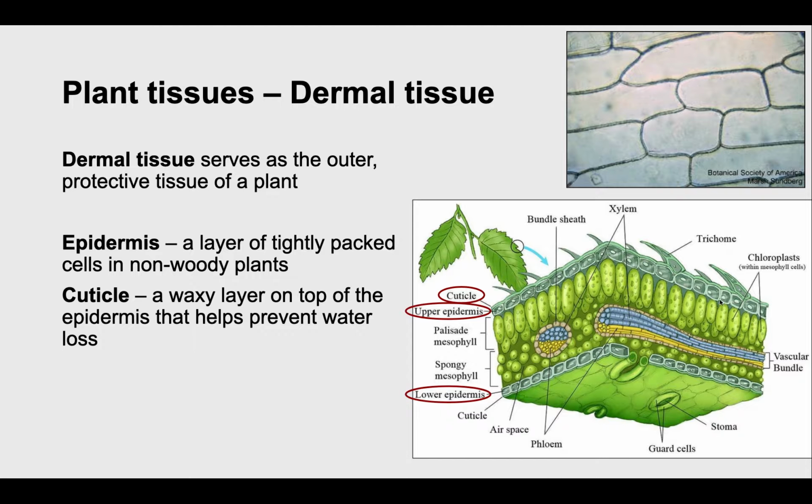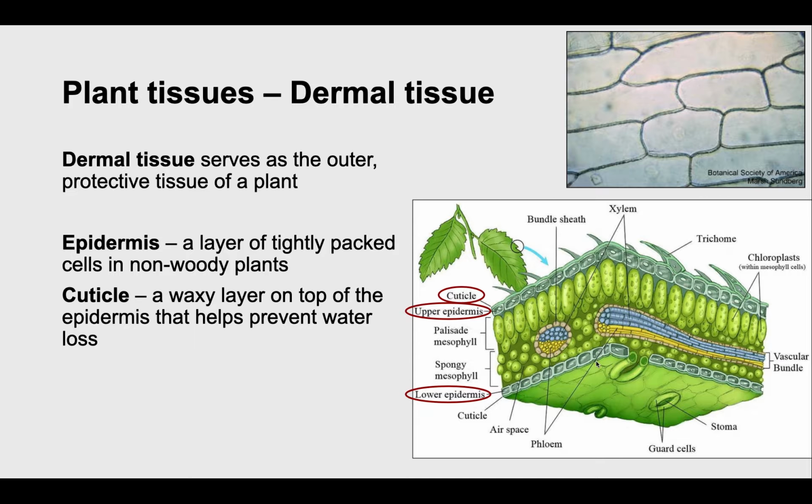They're a layer of tightly packed cells typically found in non-woody plants. We can find them on the top, but we can also find them on the bottom, on this lower epidermis. So anywhere we have the surface of a plant that is butting up against the outside, we have our epidermal cells here.